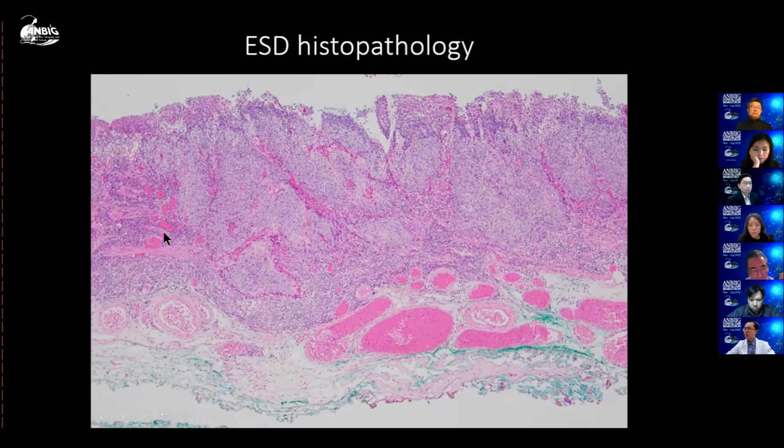In this case, there is some enlarged vessel, yes, in this area, coming up close to the top. So this vessel may correspond to the green vessel in the magnifying endoscopic view. I'm not sure.